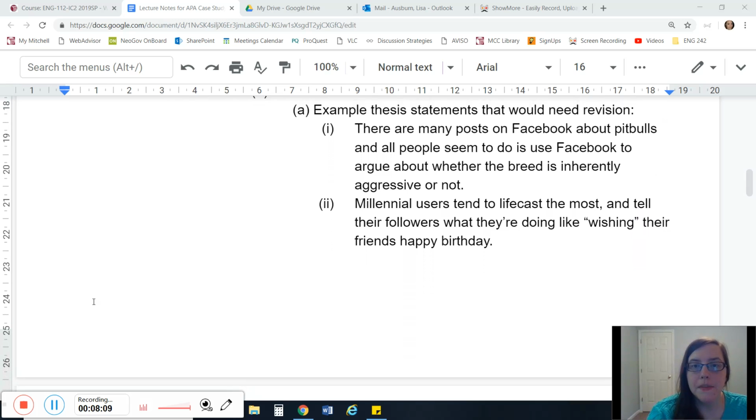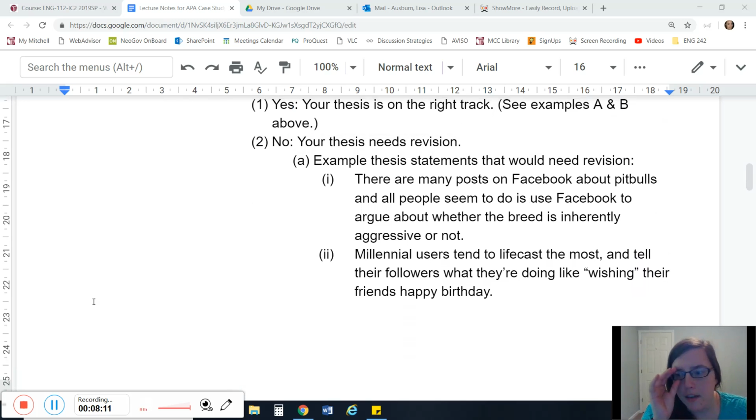So here are some example thesis statements that would need revision because they focus too heavily on the case study, and these relate specifically to the ones we just read. There are many posts on Facebook about pit bulls, and all people seem to do is use Facebook to argue about whether or not the breed is inherently aggressive or not. If I read a thesis statement like this in your paper, I would say, and what does this suggest about social media?